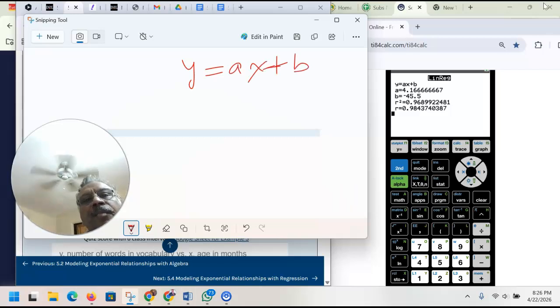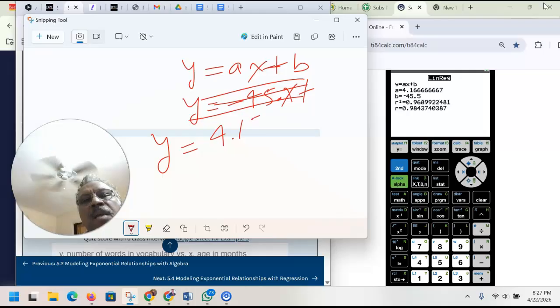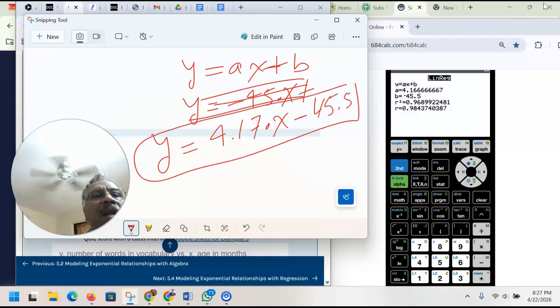Now, the answer is a is, you can see on the calculator, 4.17. So y is 4.17 times x minus. So this is the regression line.